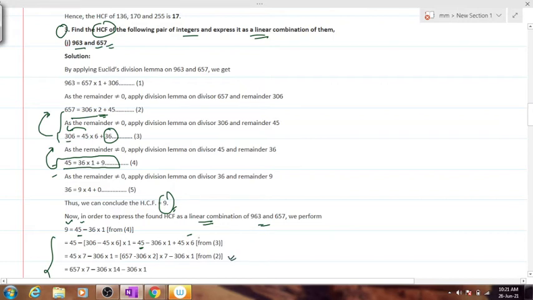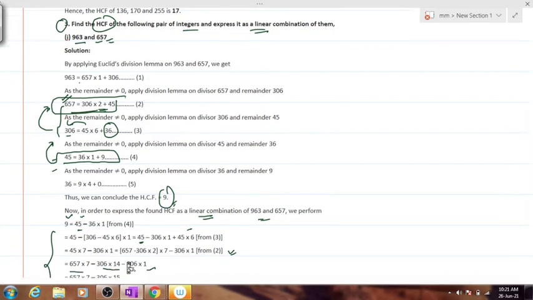This is from equation 2. Over here at the end, you'll have to write 45 into 7 minus 306 into 1 and then minus 306 into 14.